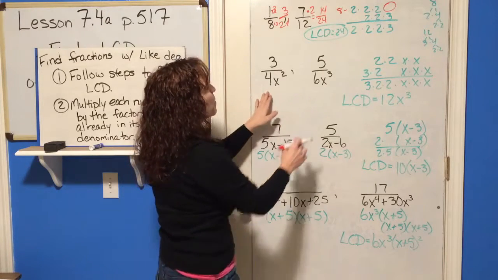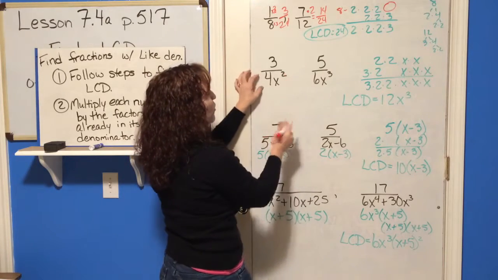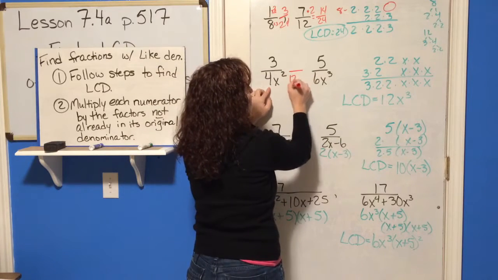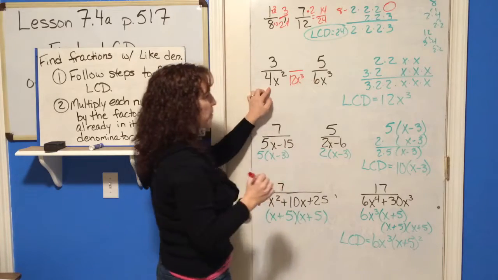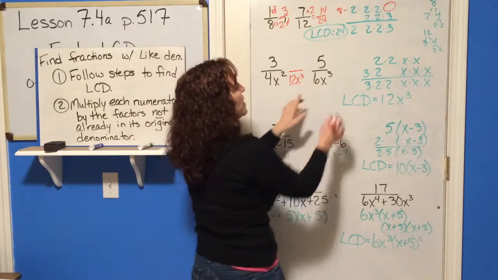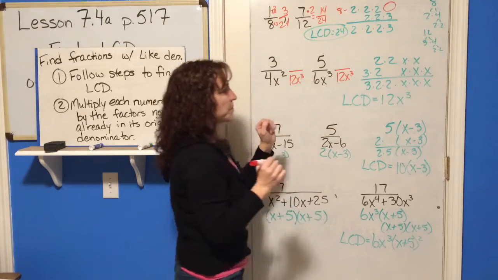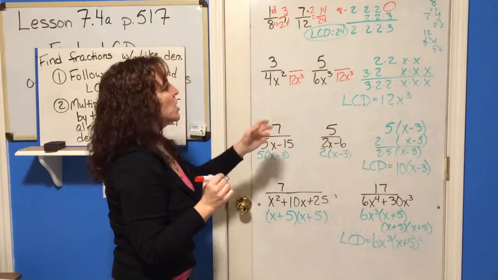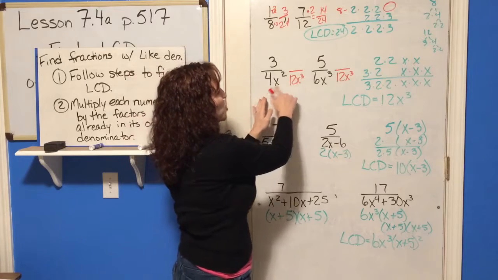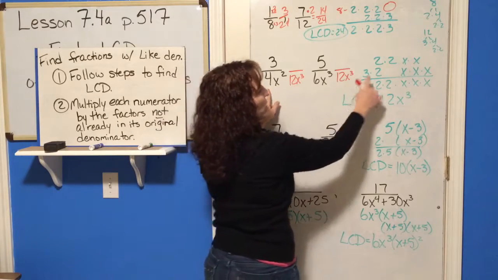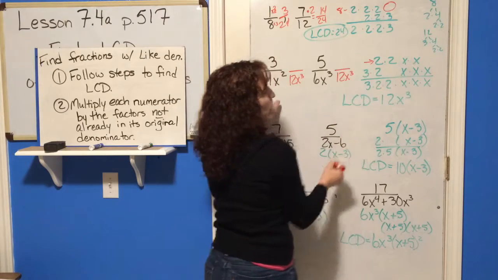So now with 3 over 4x squared, we said our least common denominator is 12x cubed. So I want both of these fractions to have a denominator of 12x cubed. All right. So in order to get from 4x squared to 12x cubed, go back to your chart. 4x squared was this row here.